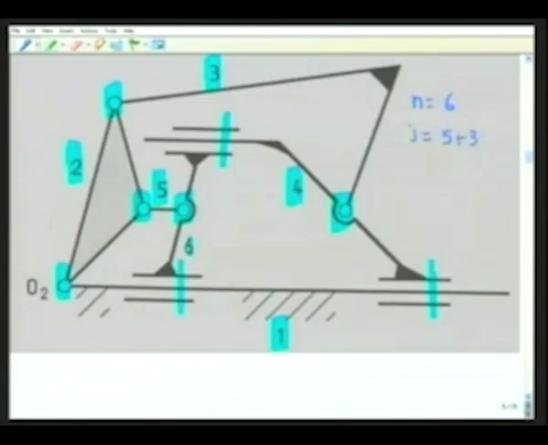So J is 8. Consequently, the degree of freedom of the mechanism F is 3 times 6 minus 1, that is 15, minus twice J, that is 2 times 8, 16, and we get 15 minus 16, that is minus 1.